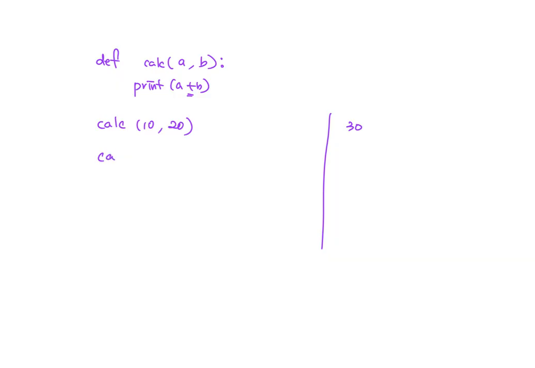If I call that function with, say, the character strings A and B, in that case my temporary variables A and B will be defined with text strings. And in that case, the plus sign will concatenate these two variables. And on your screen, you will see just AB, the text string AB.